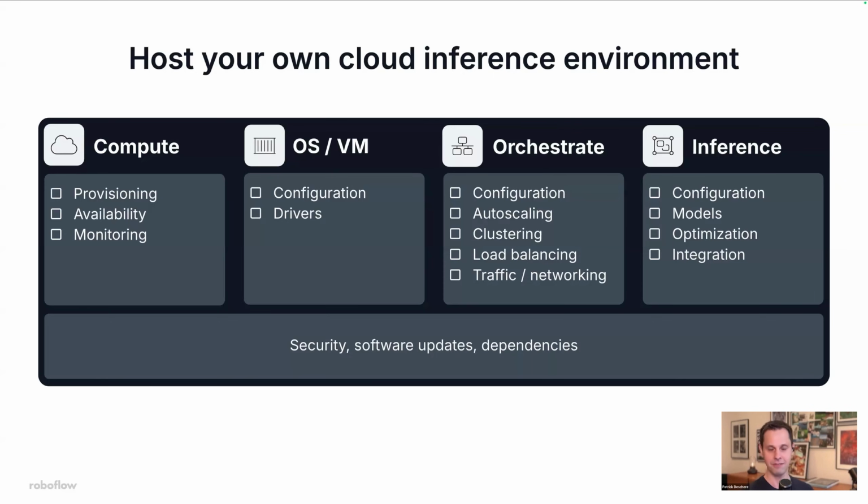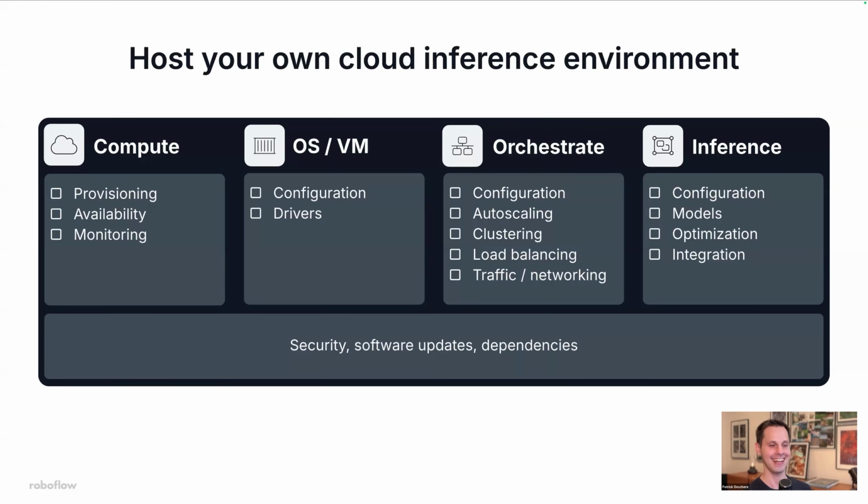And underneath all of these things, you'll need to devote time and resources to security, administering software updates, and then dependencies where, if you need to update one piece of this puzzle, you may find that you're going to have to update other pieces.